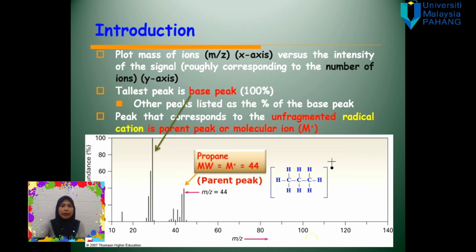This parent ion tells us about the molecular weight of our molecule, and the highest intensity of relative abundance is called the base peak. Why is the base peak formed? Because the cation is the most stable. Other peaks in the mass spectrum are called fragmentation peaks.